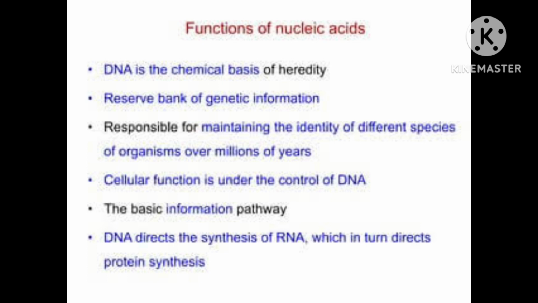A different arrangement is possible: first 4, 3, 2. Again you can write first 3, 1, 2, 2, 1. Now first 2, 3 and then 4. It means whatever possibility is there, all are possible. Then in DNA, the sequence is what is important.